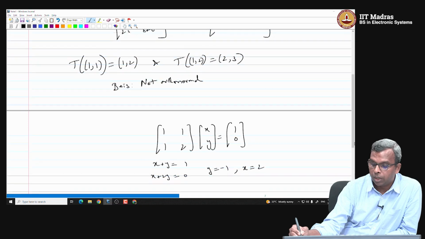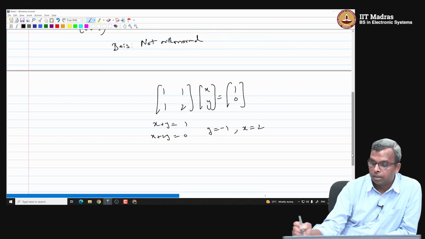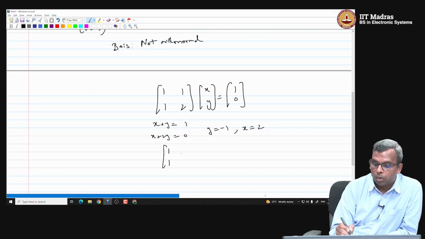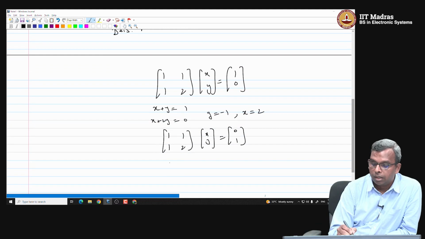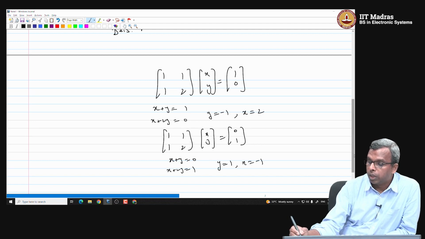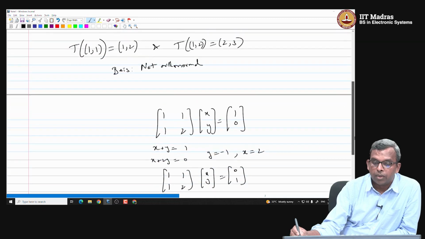Okay, so 2 and minus 1 is one thing. And the other thing is 1 1, 1 2, and then I do x y. I want 0 1 now, and that will give me x plus y equals 0, x plus 2y equals 1. You can subtract again, you get y equals 1 and x equals minus 1. Once you do this, it's very easy.